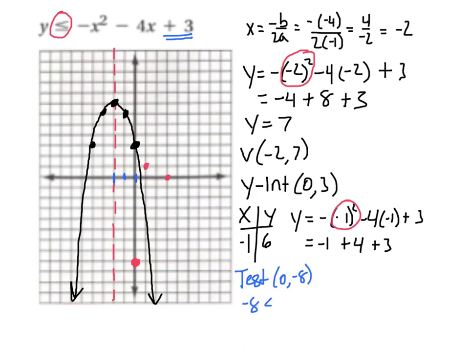Negative 8 is less than or equal to negative 0 squared minus 4 times 0 plus 3. So 0 plus 0 plus 3. That tells us that negative 8 is less than or equal to 3. Is that true? That is true. So my point was on the inside, so that makes this the true part. Outside here is the false part. Always shade the true part.